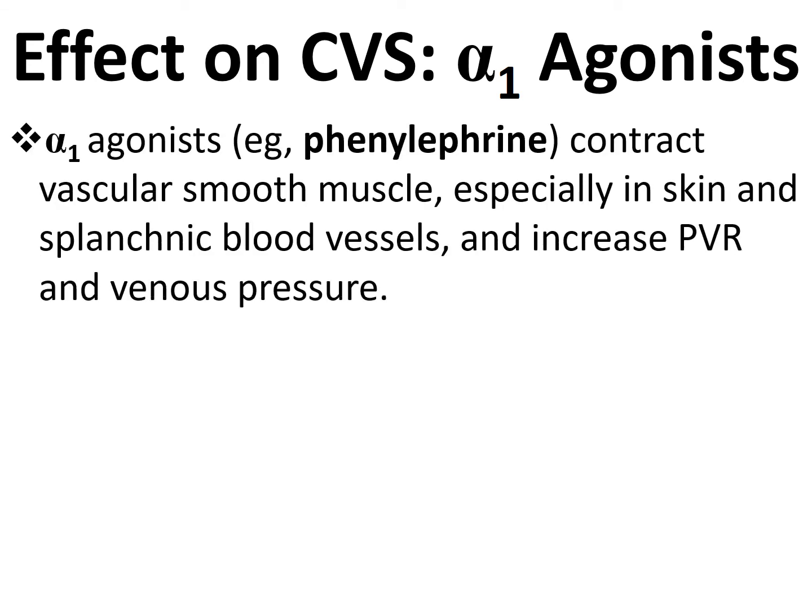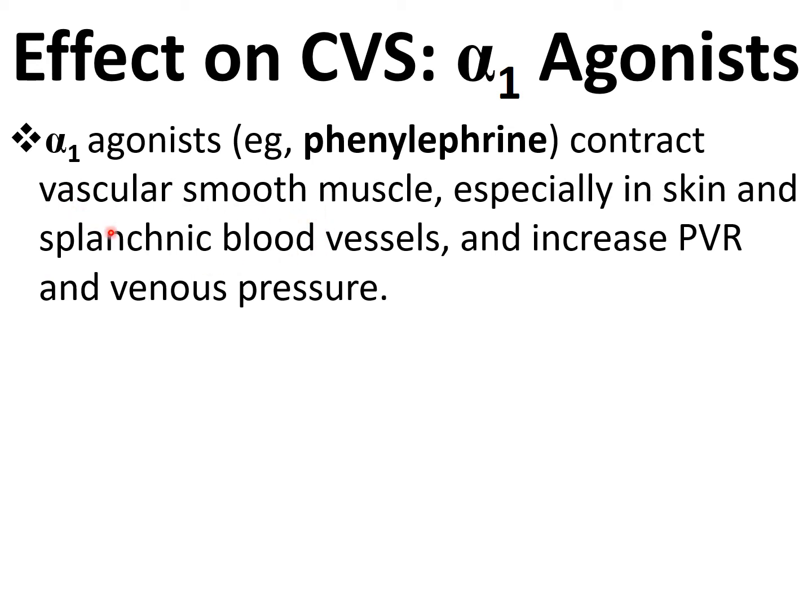Phenylephrine or other selective alpha-1 agonists contract vascular smooth muscle. You know that vascular smooth muscle contains alpha-1 receptors. In skin and splenic blood vessels there is an increase of peripheral vascular resistance and venous pressure. Why the skin and splenic blood vessels?